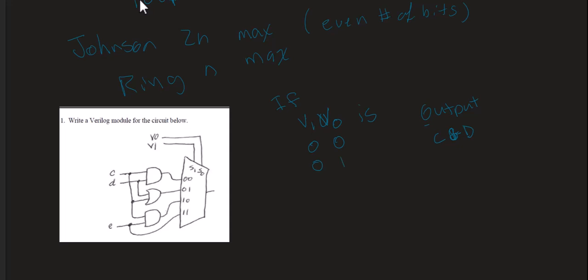If it's 0, 1, it is C or D. If it is 1, 0, it's C and E. Do I have something wrong?